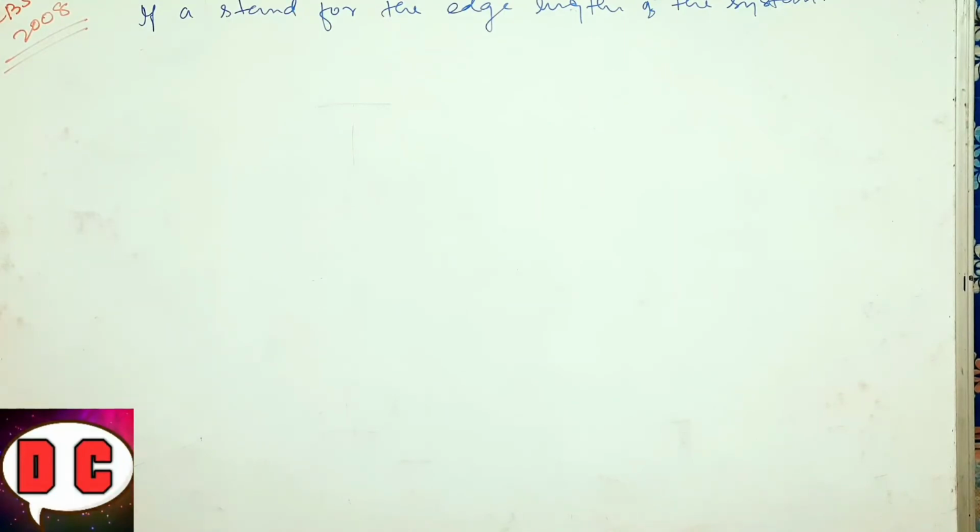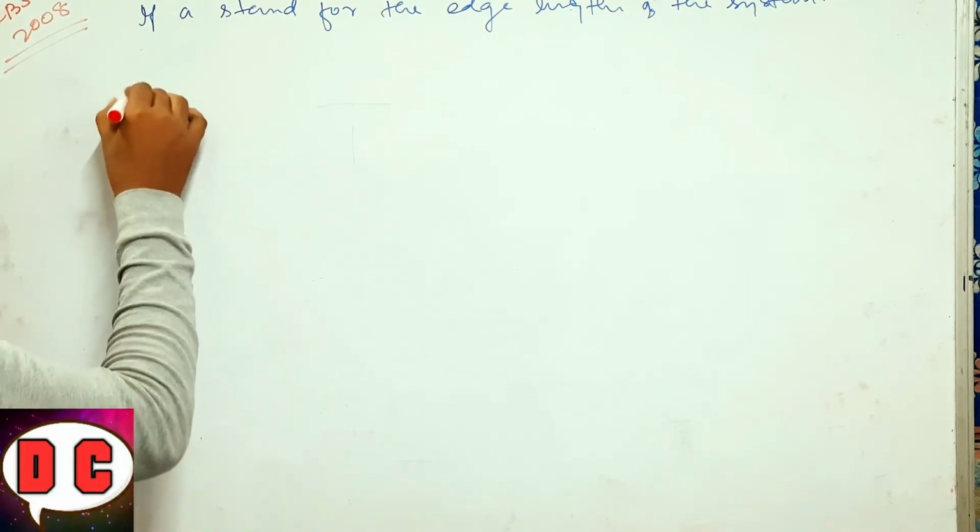If A stands for the edge length of a cubic system, simple cubic, body centered cube and face centered cube, then the ratio of the radii of the spheres of the three systems will be what? So they are asking us which one will be the correct ratio of the radii of simple cube, body centered and face centered. So the options are given here.